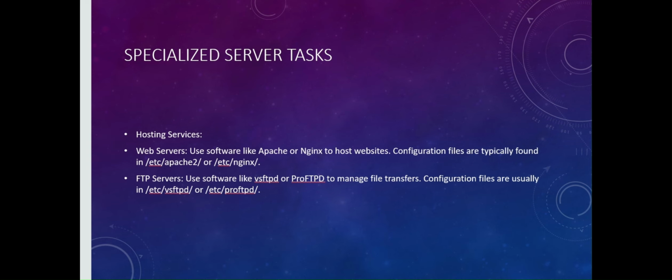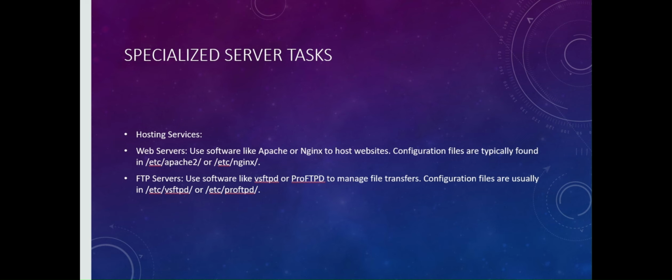Another set of key differences involves specialized server tasks in regards to hosting services, such as the different servers which are used to host services. Web servers and FTP servers are among them. Web servers use software like Apache or Nginx to host websites.